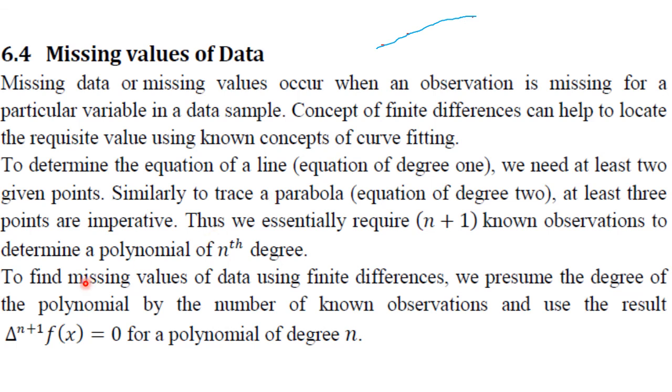So that's why it says that to find the missing value of the data using finite differences, we presume the degree of the polynomial by the number of known observations and use the result del n plus 1 f of x is equal to 0, meaning the next derivative will be 0 for a polynomial of degree n. So let's move to the next slide to see an example, and then hopefully you will better understand this.